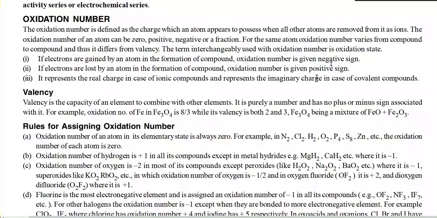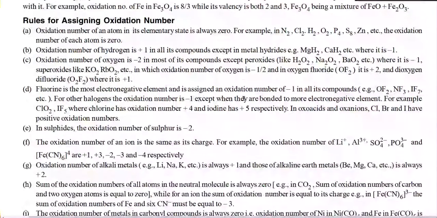For example, suppose this is aluminium chloride, AlCl3. If you remove 3Cl, then aluminium will acquire a +3 charge. So the oxidation number of aluminium in AlCl3 is +3.